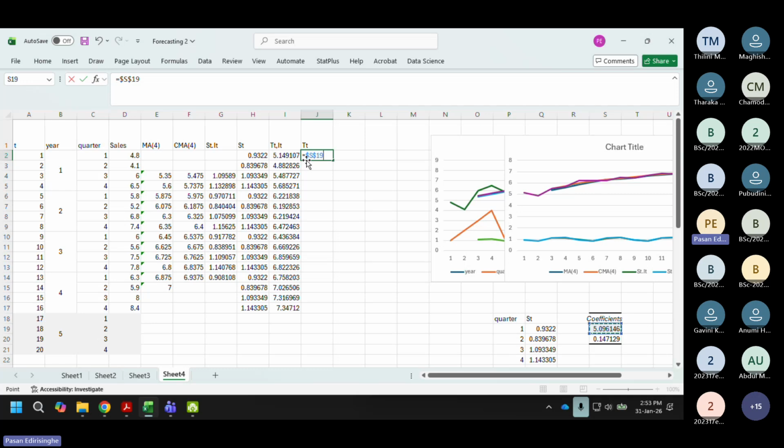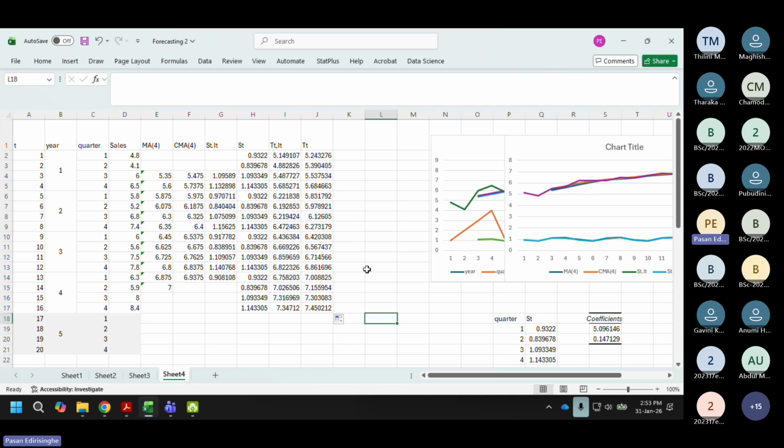And plus beta 1 and F4 times T. So that's my regression line you can plot there. So this is just a line, right? So then what is missing there, right? That's the irregular part we have there.